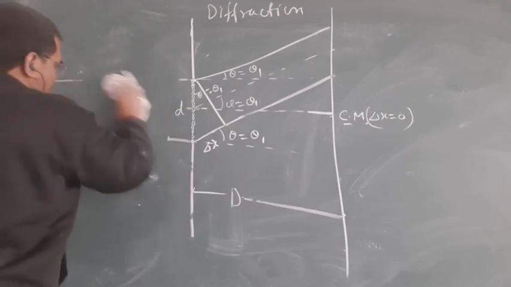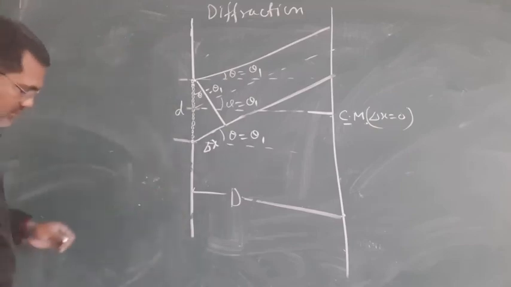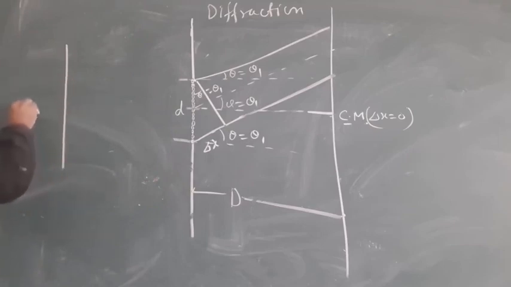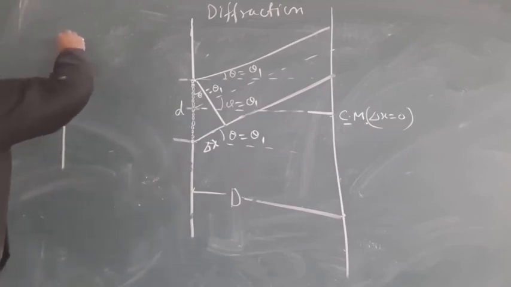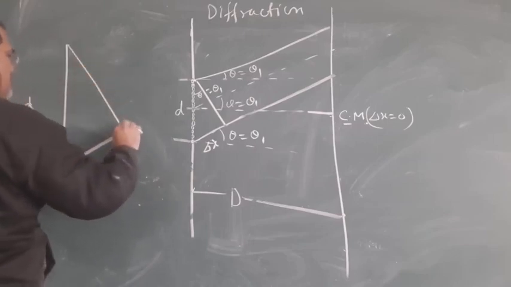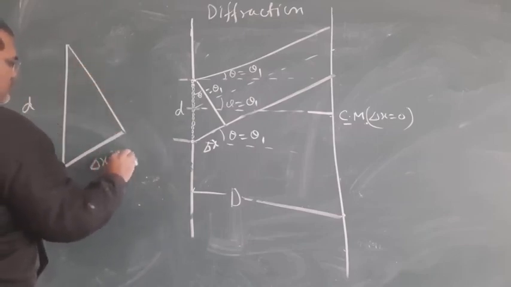Let's see here. This is the B, and this is the path difference, that is 2 lambda.